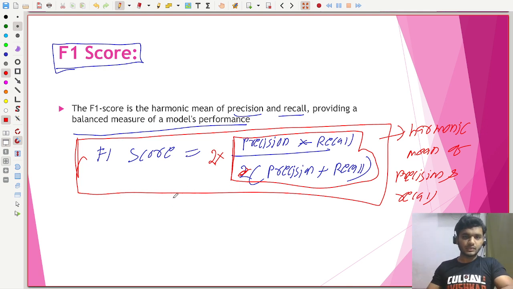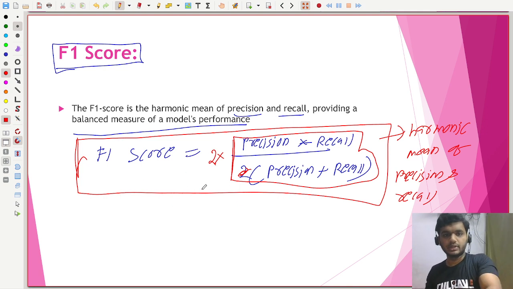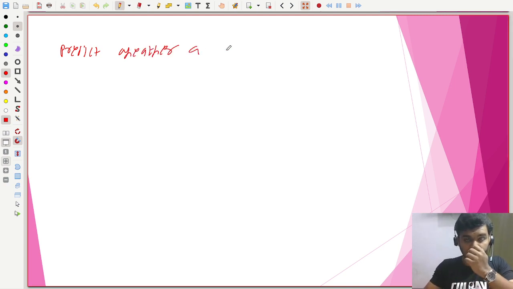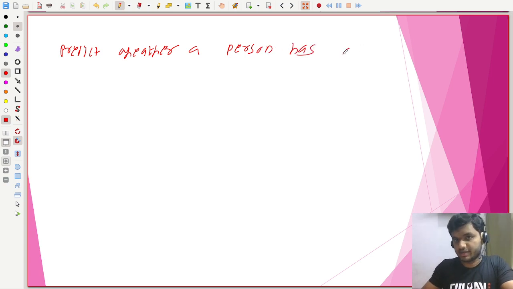Suppose we give a real life example: predict whether a person has diabetes or not.